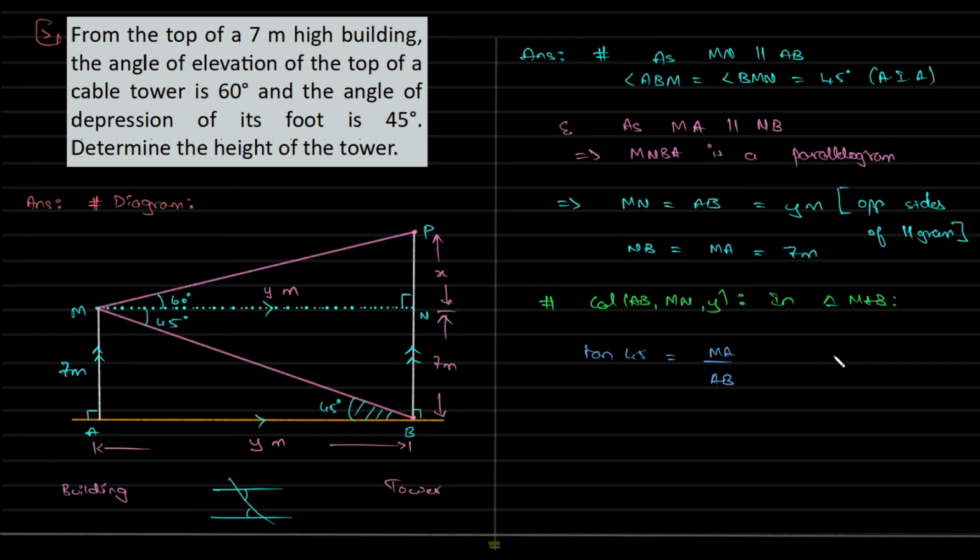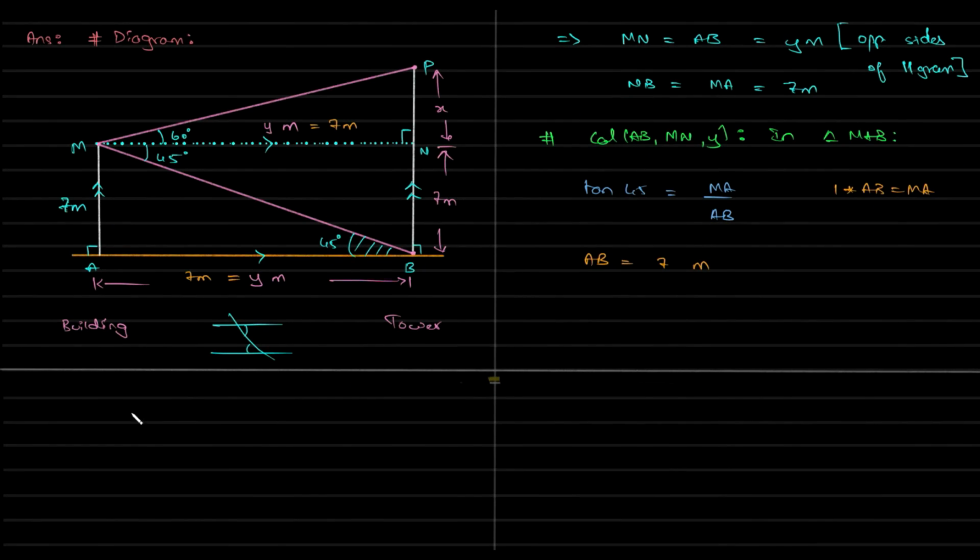So tan 45 is 1. So 1 times AB is equal to MA. Therefore MA is equal to 7 meters. So AB is equal to 7 meters. So this is equal to 7 meters, and this is equal to 7 meters. Done.